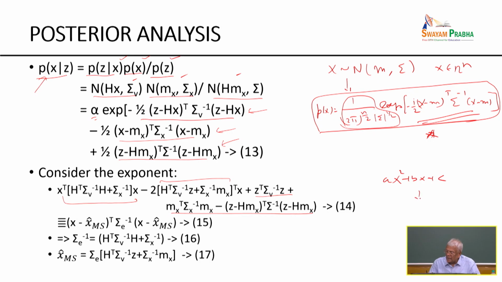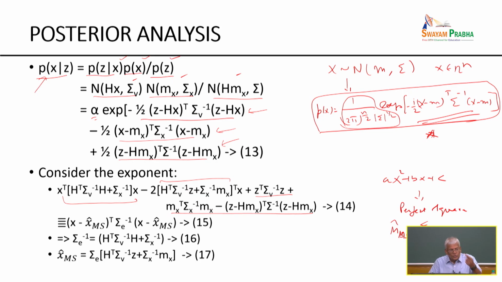I can apply the method of perfecting the square. You express it as a perfect square. In that process, you define x hat s and sigma e. You remember the same thing that we did in the scalar case. So they are parallel to each other.